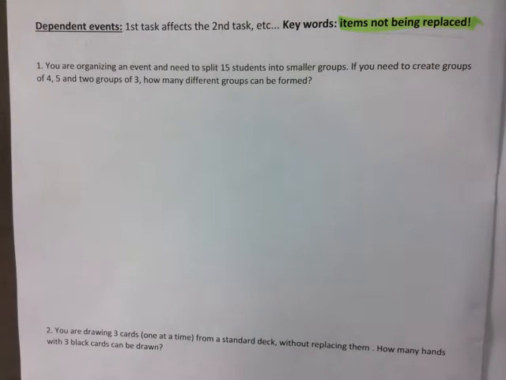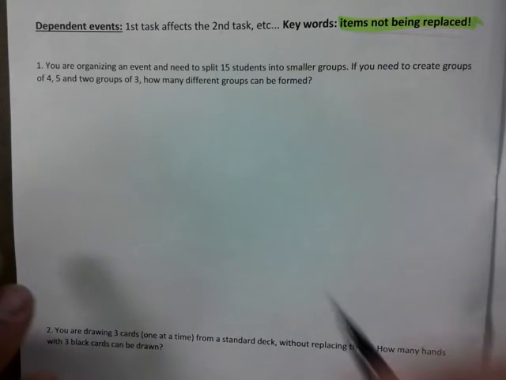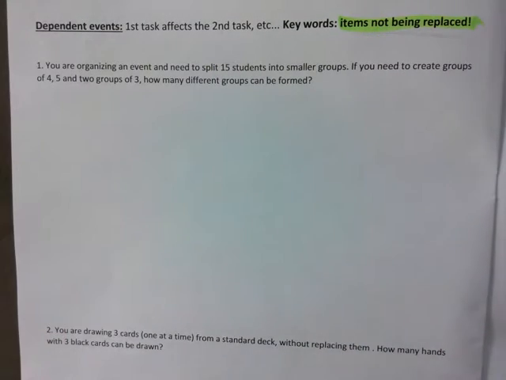Okay, so let's say you're organizing an event and you need to split 15 students into smaller groups. If you need to create groups of 4, 5, and 2 groups of 3, how many different groups can be formed? Okay, so there's one I think that talks about putting students in different size tents, or putting students in various cars.